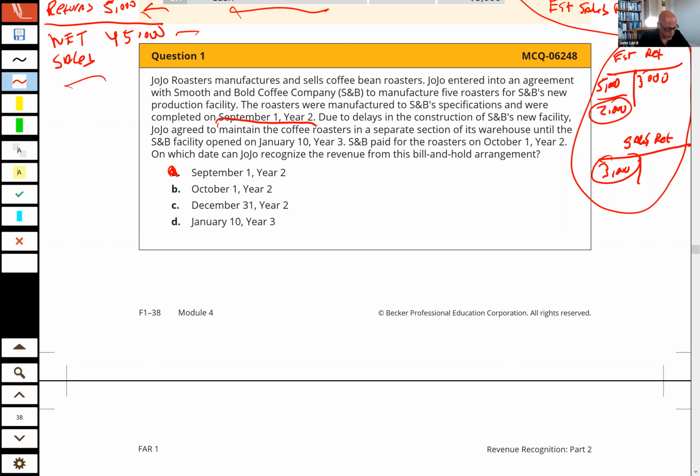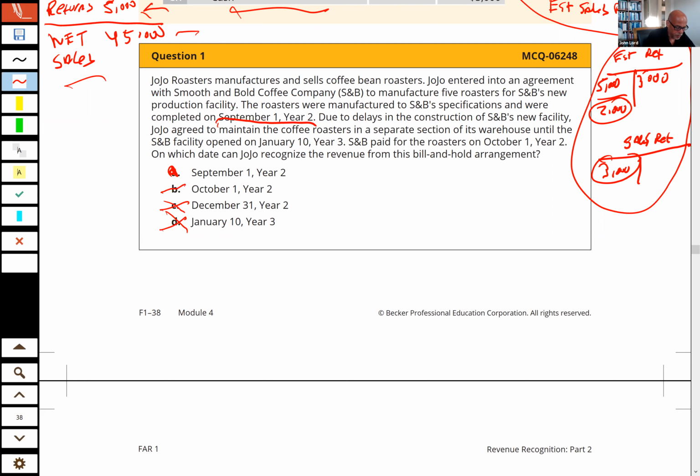Well, looking at this, they're holding those roasters at their request. So the fact that they delivered it into the next year is of no consequence. December 31st, I don't know why. What would be the difference anyway if they did it on September 1st or December 31st? But there's absolutely no logic to December 31st.